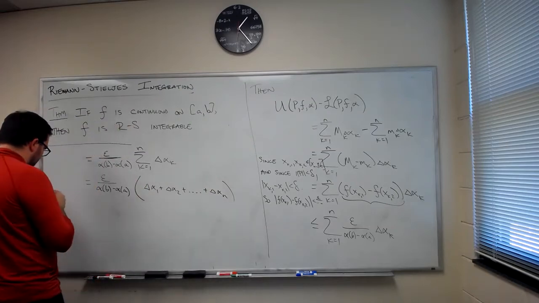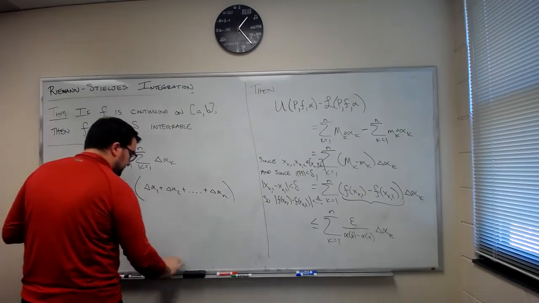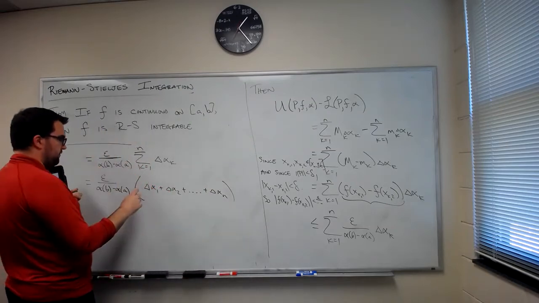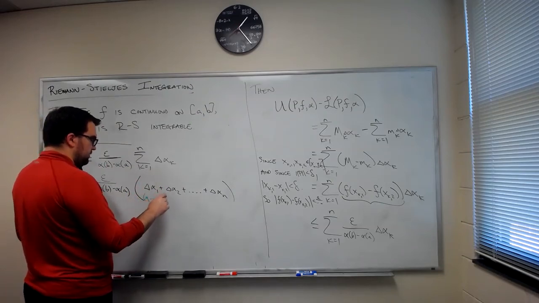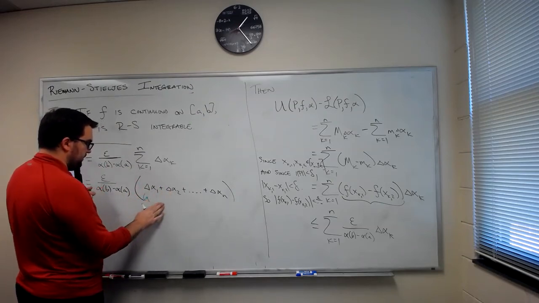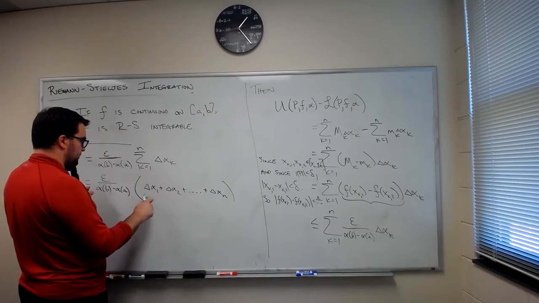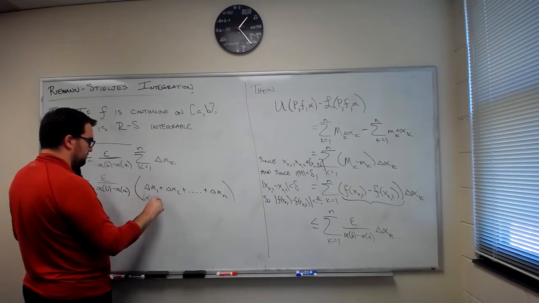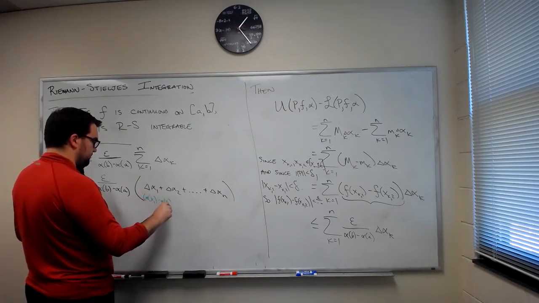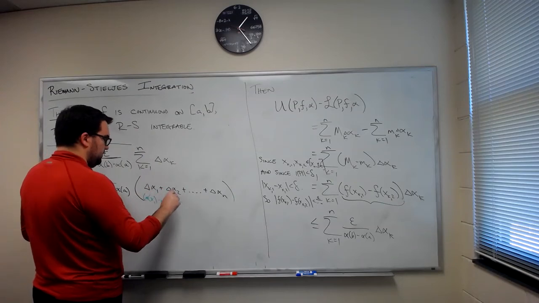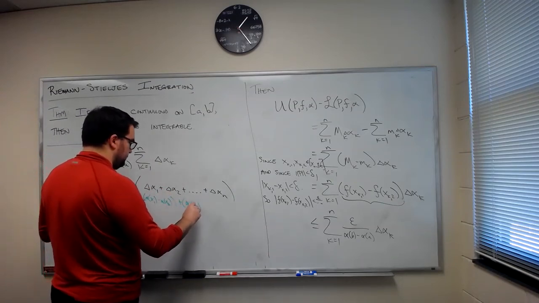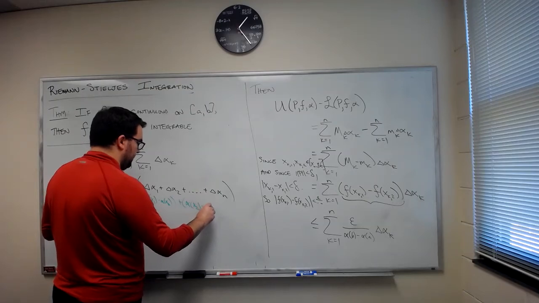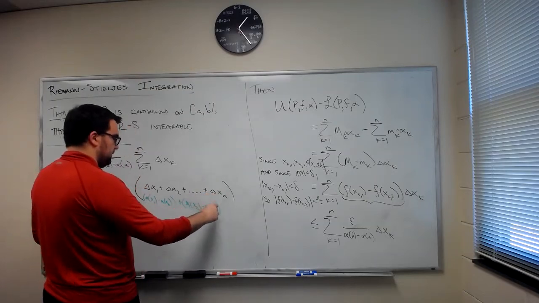But if you actually write out what each of these is, delta alpha 1 is alpha of x1 minus alpha of x0. So that's that one. This one is alpha of x2 minus alpha of x1. Okay, and you keep going.